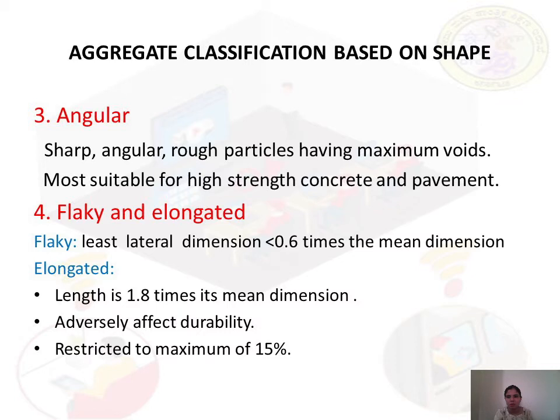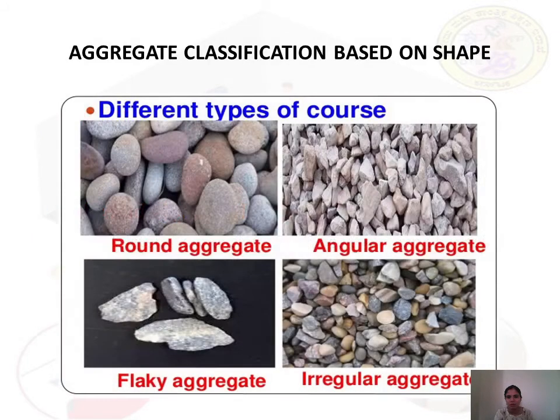Not more than 15% of flaky and elongated aggregates are going to be utilized in any concrete making aggregate. These aggregates are not going to be used in much quantity. Hope you understood the classification based on the shape, that is angular, flaky and elongated, rounded and irregular.